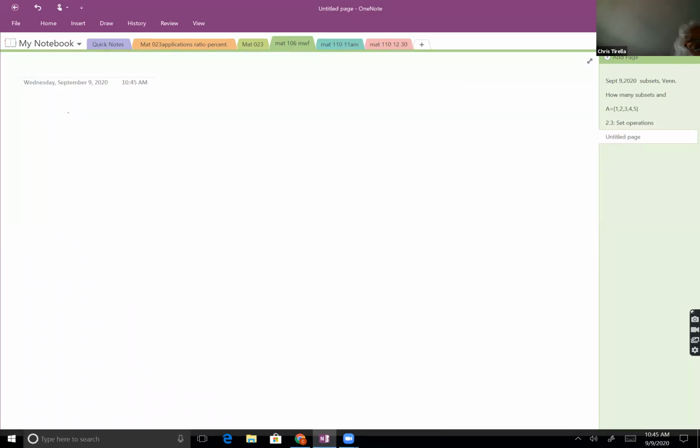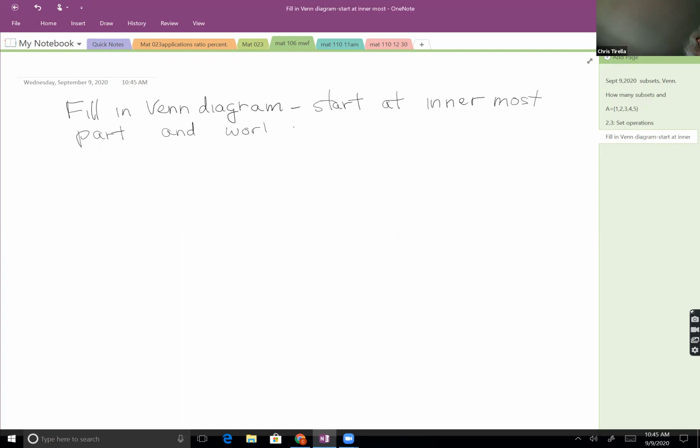When you fill in a Venn diagram, the general rule of thumb is to start at the innermost part and work your way out. What the heck does that mean?